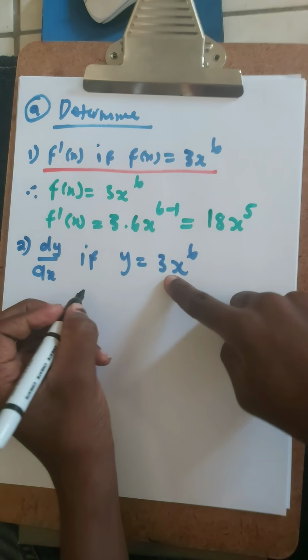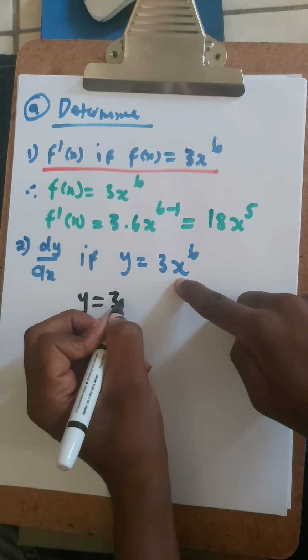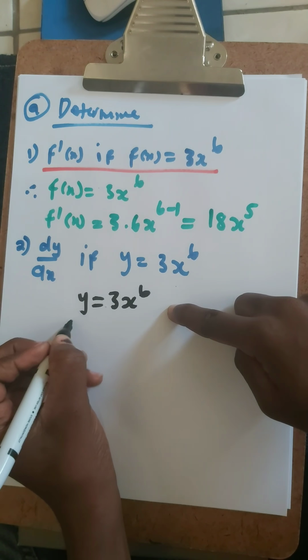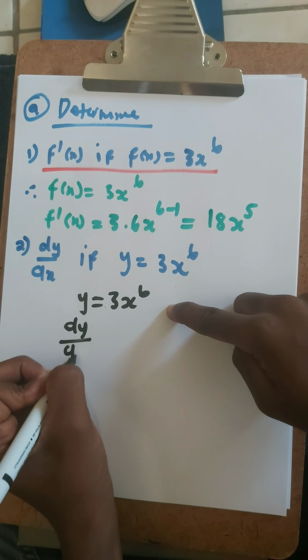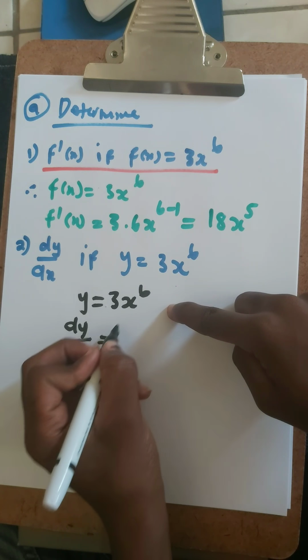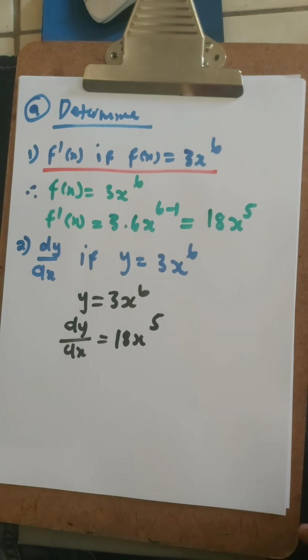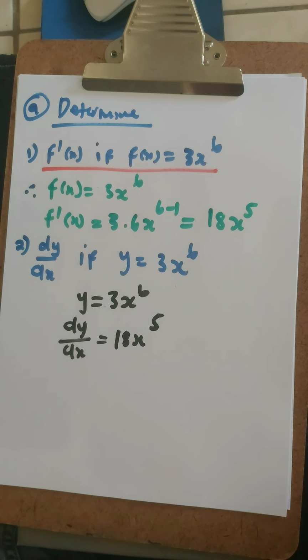Then dy dx is equal to 3 times 6, again 18x to the 5.